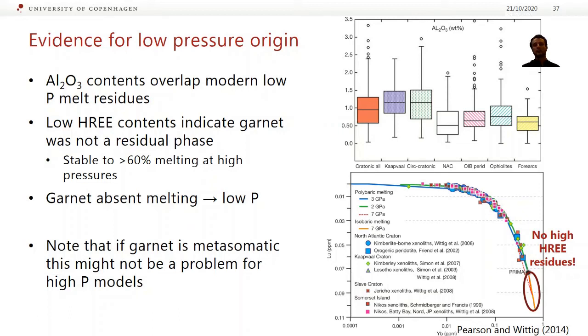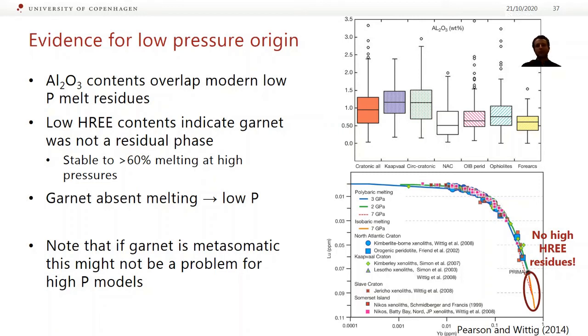So the thing to note here is obviously the Cap-Val has slightly higher aluminium contents than the North Atlantic Craton, but again, because of metasomatism, there's a potential that all of these cratons started out with relatively low aluminium contents, and then metasomatism added it back in.